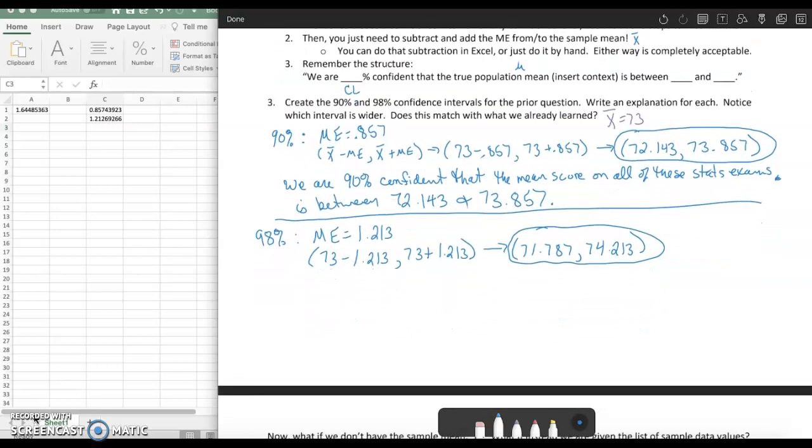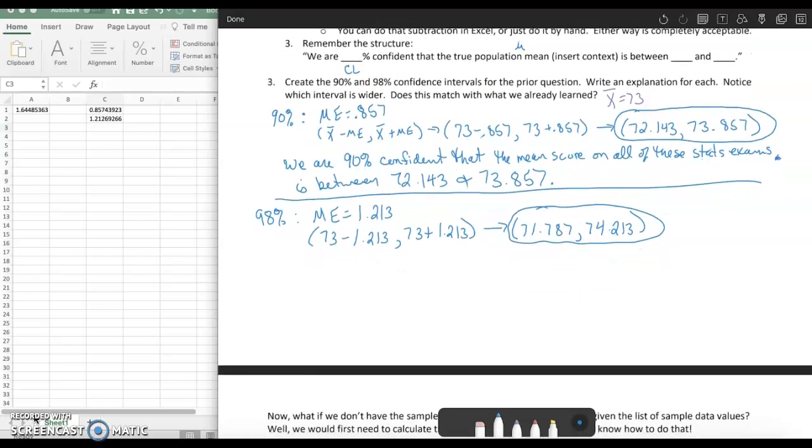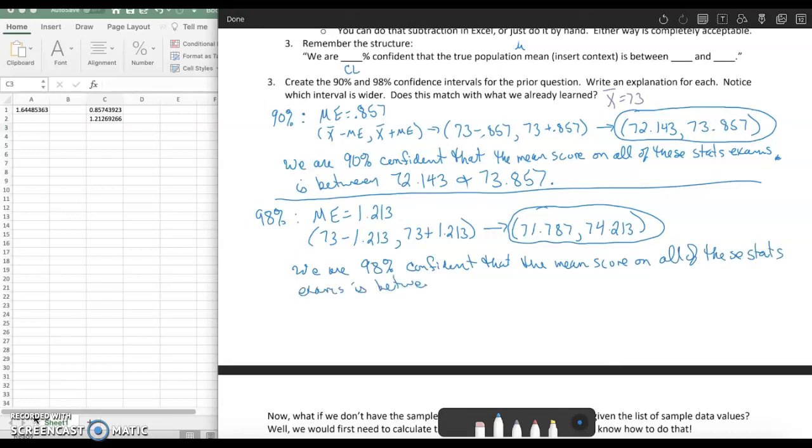And then when I explain this one, I say we are 98% confident that the mean score on all of these stats exams is between 71.787 and 74.213.